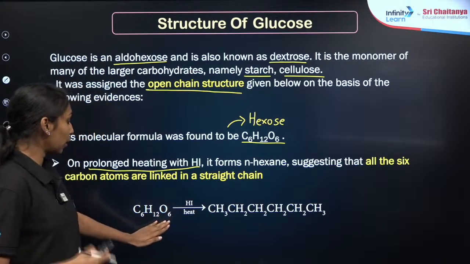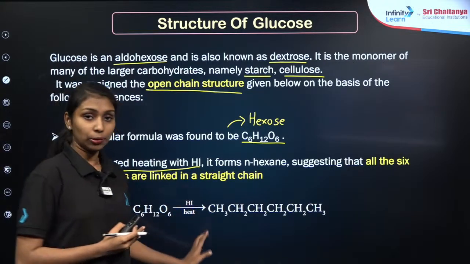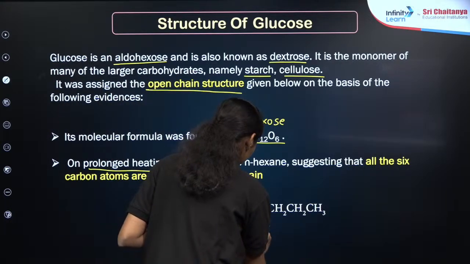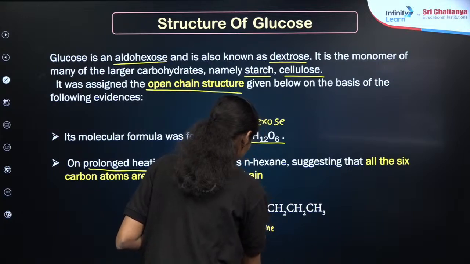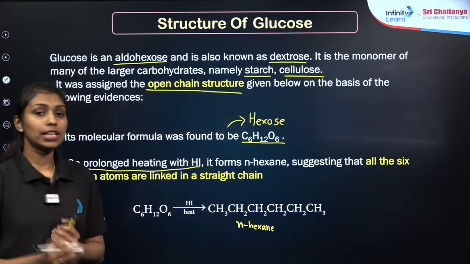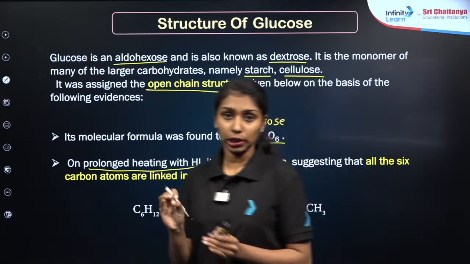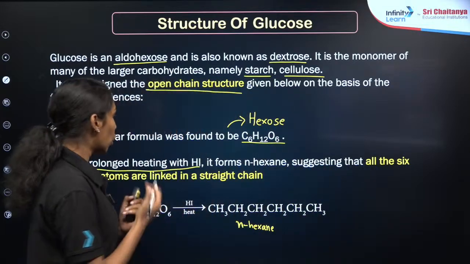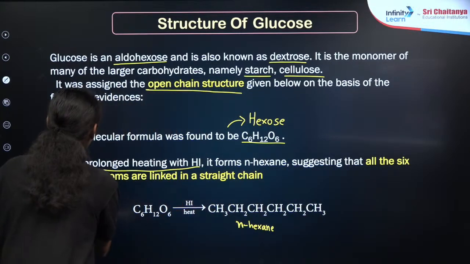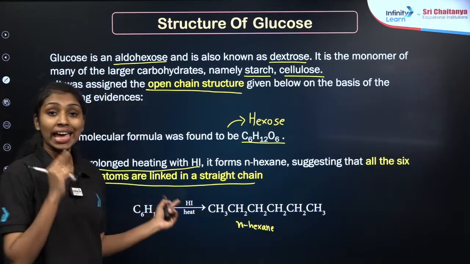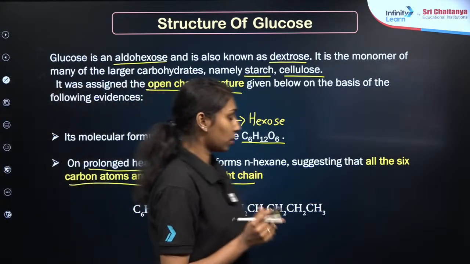This is our glucose molecule, and heating with HI forms normal hexane. So we have evidence that all the 6 carbon atoms present in glucose are linked in a straight chain. That is why normal hexane is formed in the reaction between HI and glucose. Clear?